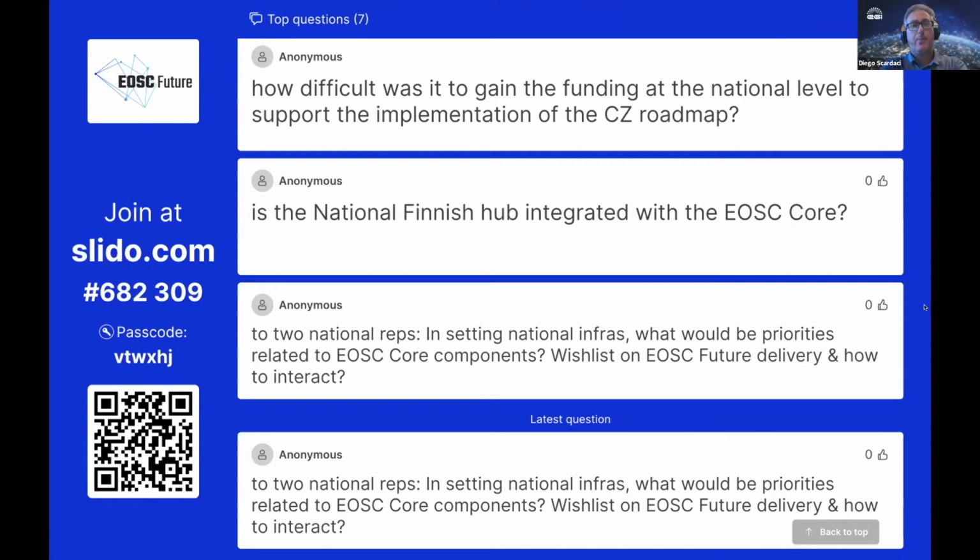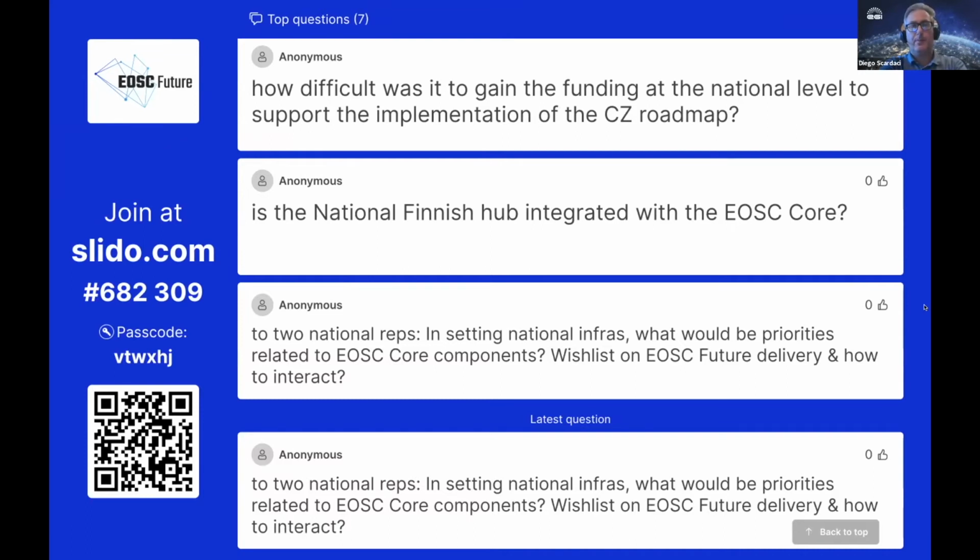For the points raised by Ludek, I agree. We should not talk anymore about prototypes, but about professional services. This is what we are trying to do within EOSC Future, developing an overall system that is operated in a professional manner according to the EOSC SMS. This new release coming out in these days can be a first answer to Ludek's request.